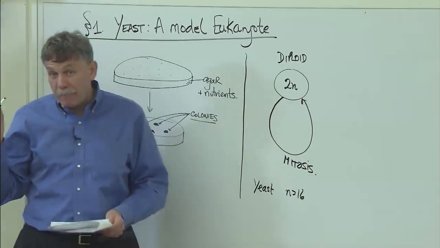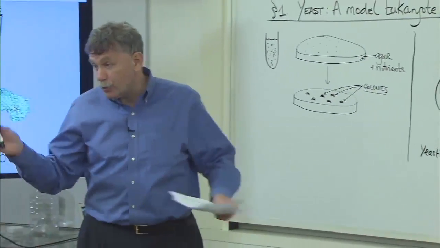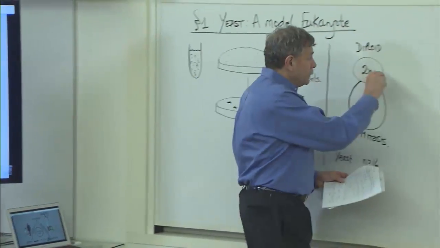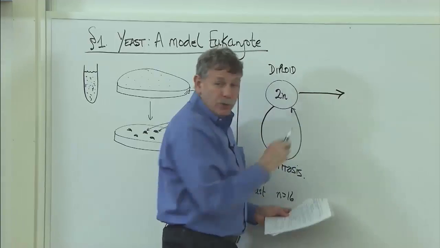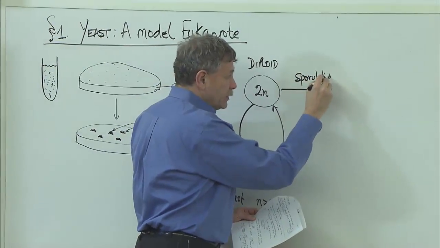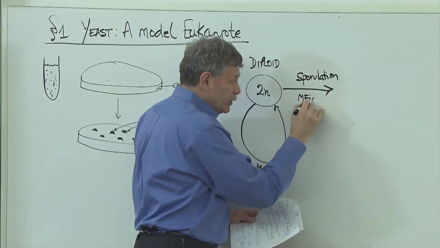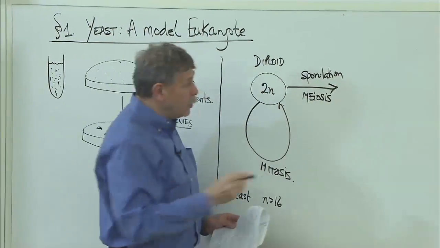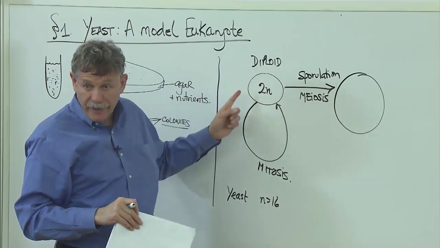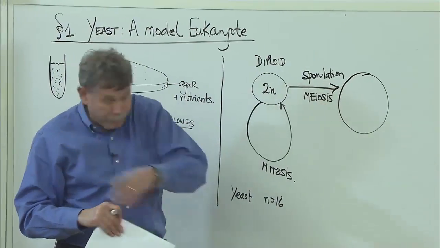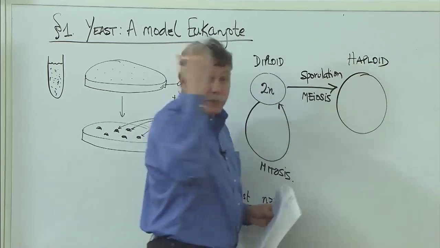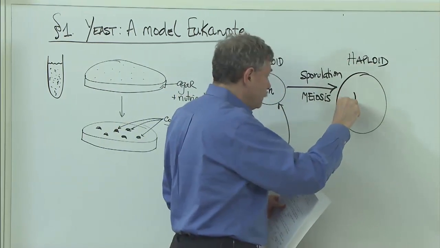So that means there are 16 pairs of chromosomes, or 32 total chromosomes, but I always think in terms of pairs in the diploid there. Now, it can then undergo sporulation to make spores, that is, the process of meiosis. When it undergoes meiosis, the cells here are no longer diploid, it's no longer paired chromosomes, they are haploid. And instead of having 2N chromosomes, it has N chromosomes.